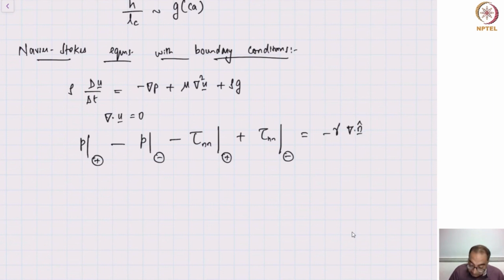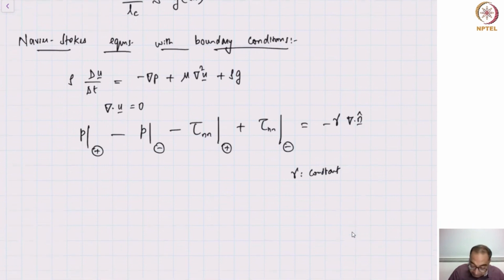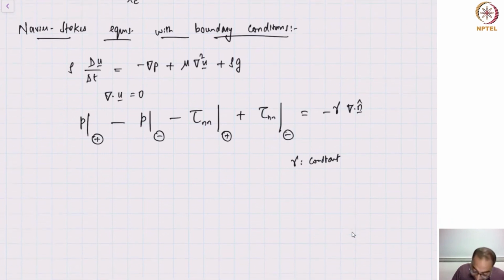We will assume that gamma is constant. And if you were to write down the same thing for the tangential stress, because gamma is constant, the tangential stress is continuous across the interface.